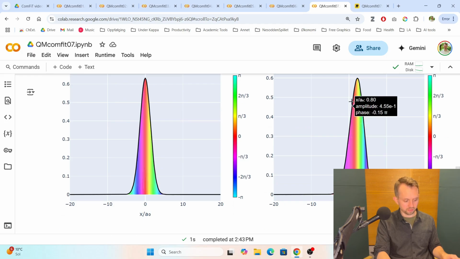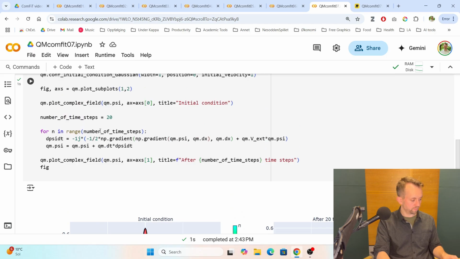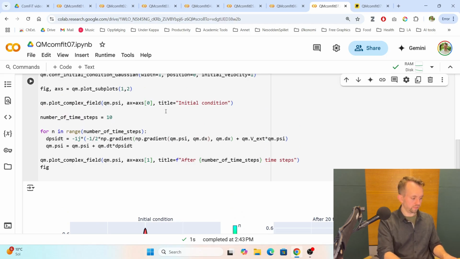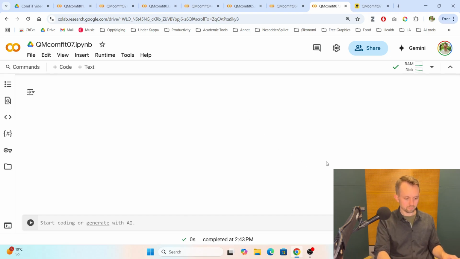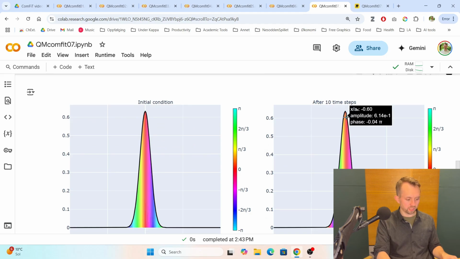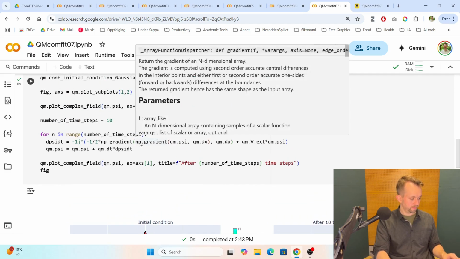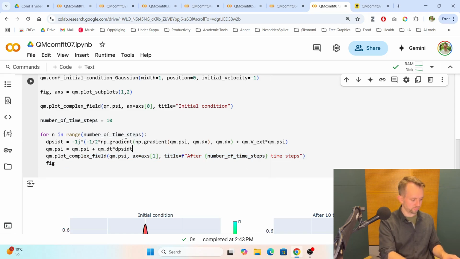Right, so you can see after 20 time steps, it has moved even further to the right. If instead we set the initial velocity to be negative, we see that after 10 time steps, the wave function has moved a little bit to the left. So let's create an animation, because that's always fun.